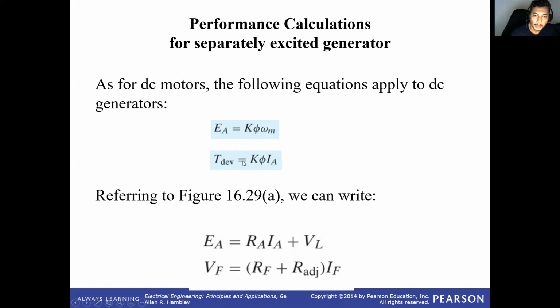Referring to the figure, EA is equal to RA IA plus VL, or sometimes you can use VL equals EA minus IA RA, which is actually the same. This is the armature circuit equation, and this is for the field circuit equation. These two circuits are both important, because without the field circuit, the armature circuit cannot run, because the field circuit produces flux.